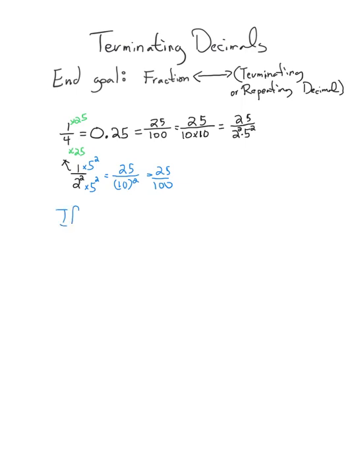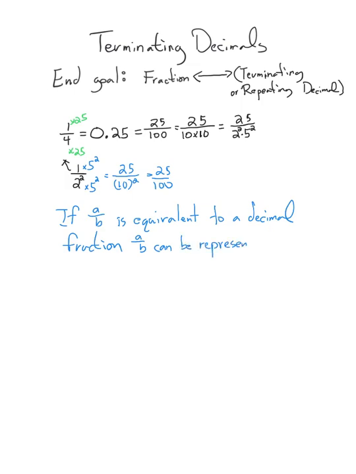So if a fraction A over B is equivalent to a decimal fraction, then it can be represented as a terminating decimal.